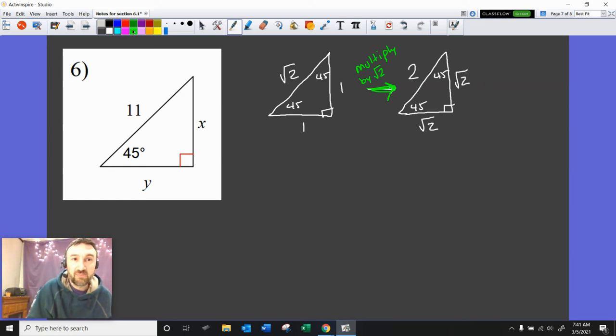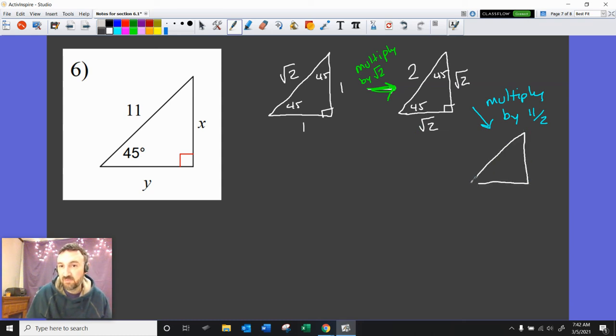So if I multiply by 11 halves, my new triangle, same shape, different size, and I'm just noting the size difference by writing the different lengths on the side here. 2 multiplied by this blue 11 halves is going to yield an 11. And then square root of 2 multiplied by 11 halves, I'm going to think about the other way around. 11 halves multiplied by the square root of 2 is 11 root 2 in the numerator and 2 in the denominator.